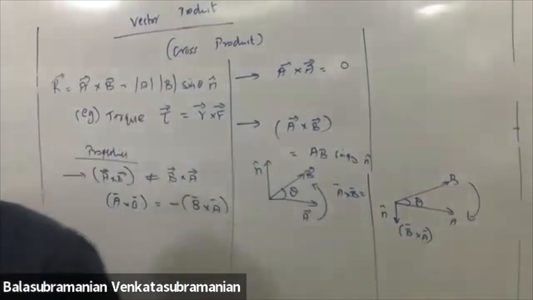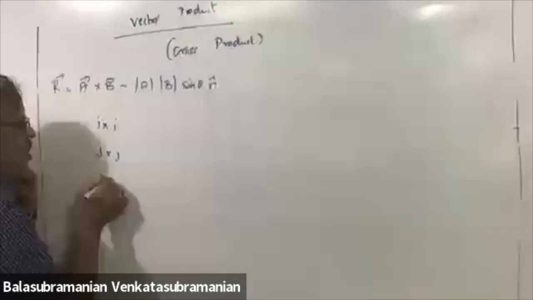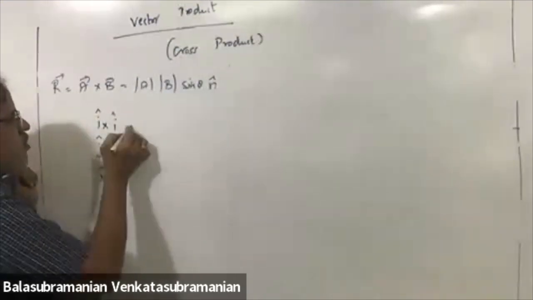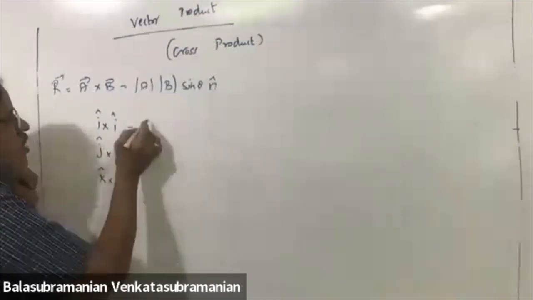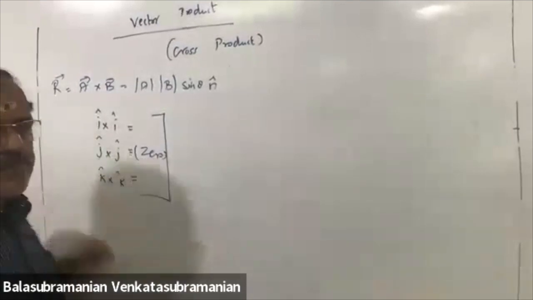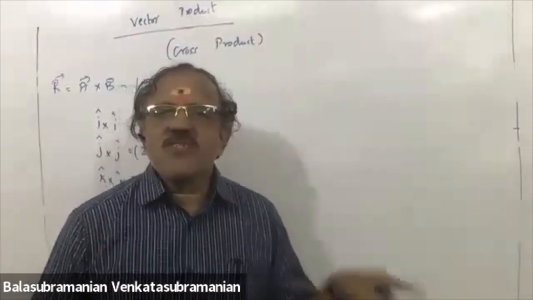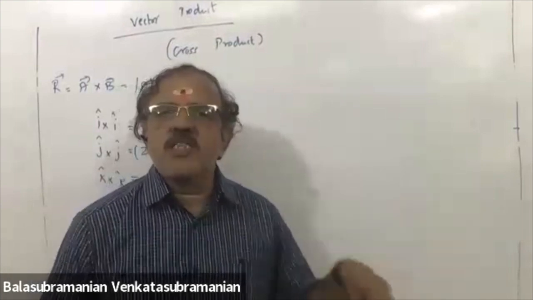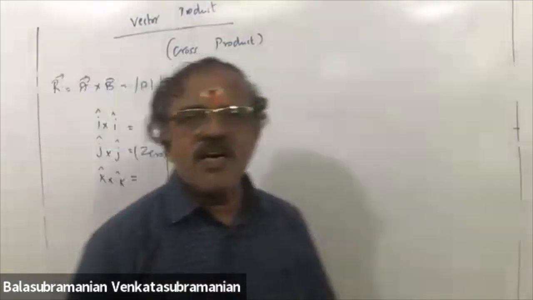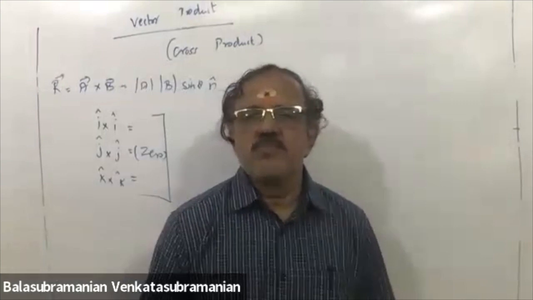Okay. Fine. Next. I cross I, J cross J, K cross K: the entire family is 0. Why? I cross I, theta is equal to 0, and sin 0 is 0. So I cross I, J cross J, K cross K is 0.